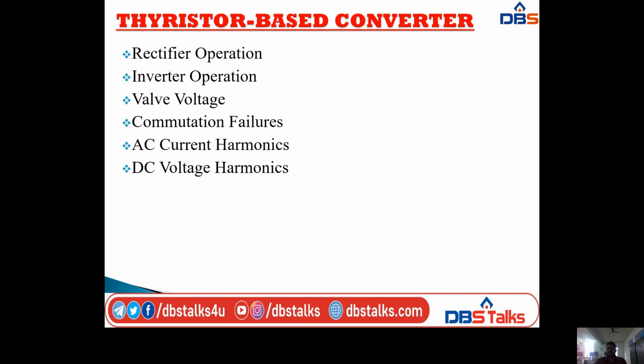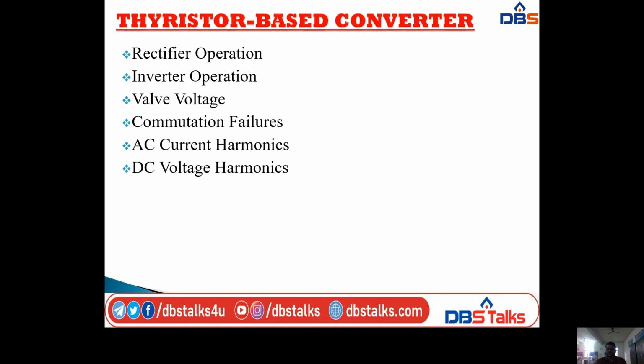The thyristor-based converter has the following topics: rectifier operation, inverter operation, valve voltage, commutation failures, AC current harmonics, and DC voltage harmonics. Mainly it consists of rectifier operation and inverter operation.